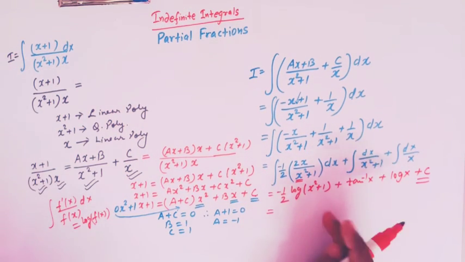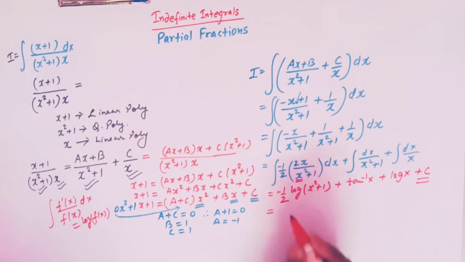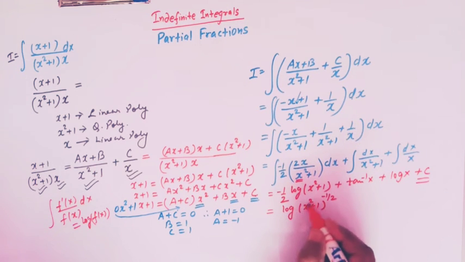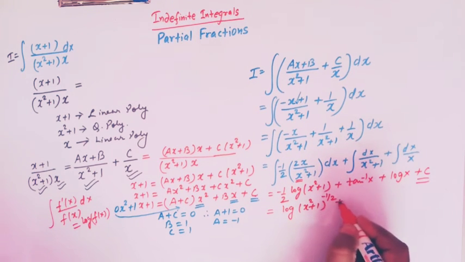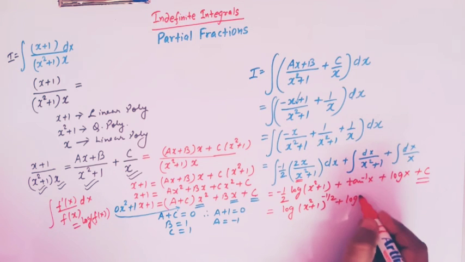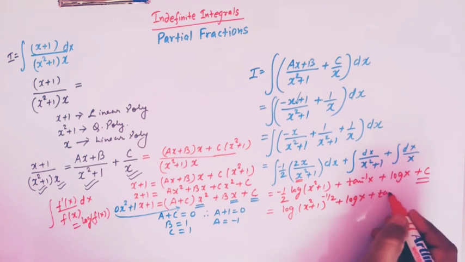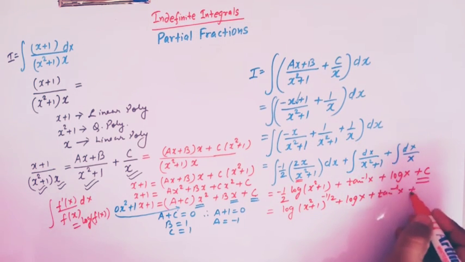Now we can also write this expression by simplifying it, and we can write it as log of (x squared plus 1) raised to the power minus half, then log x, and tan inverse x plus c.